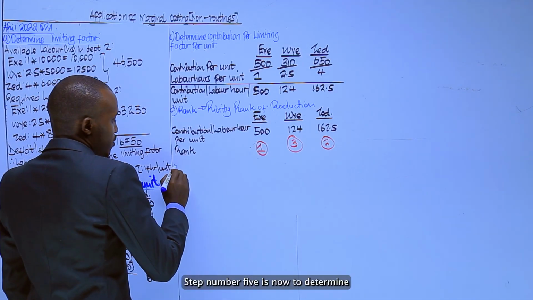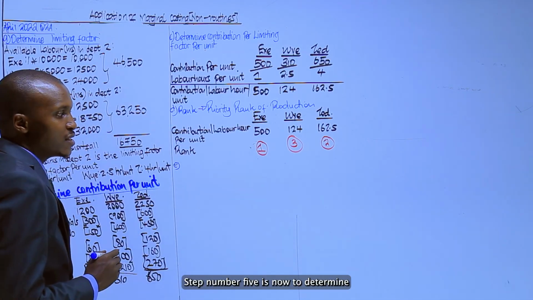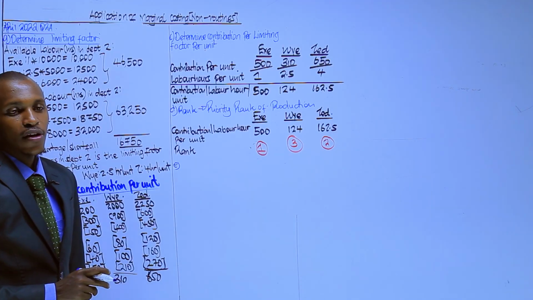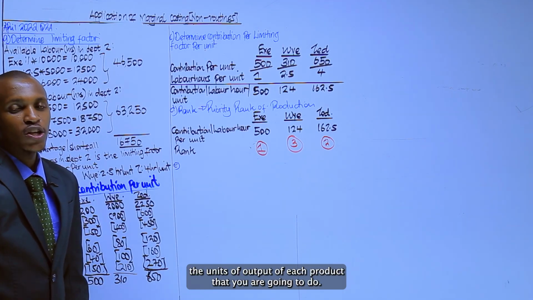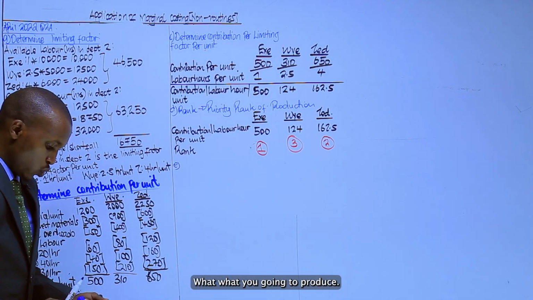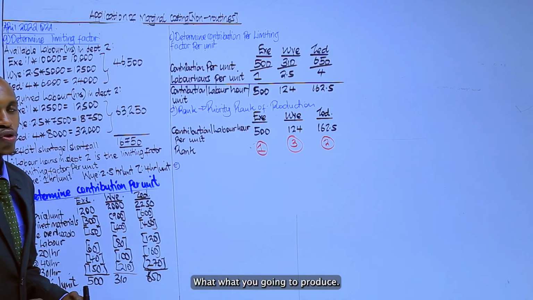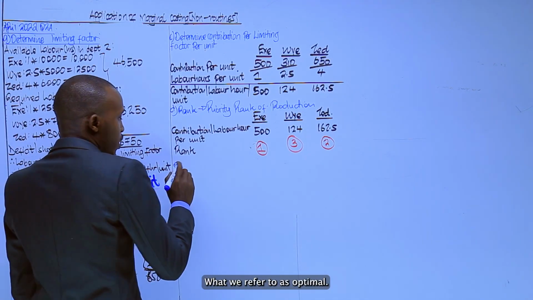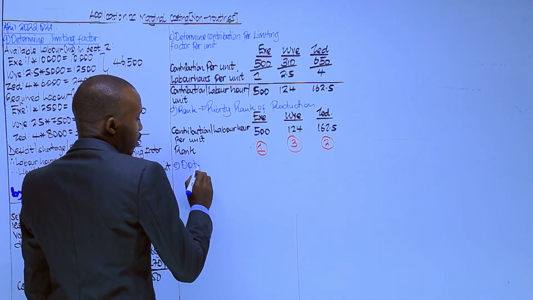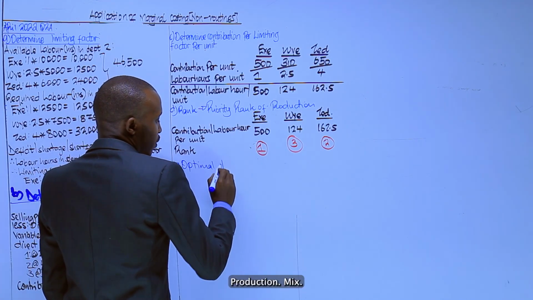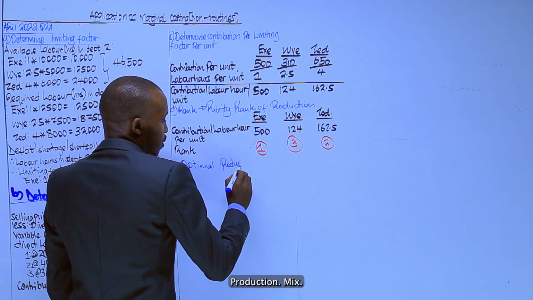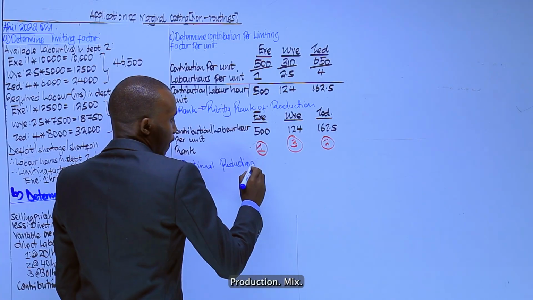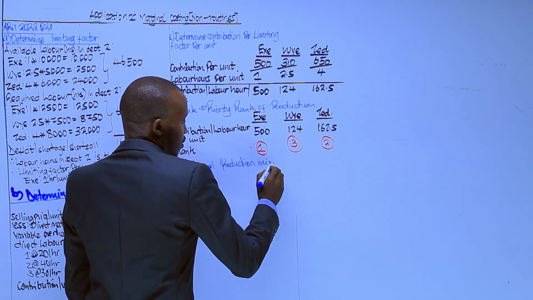4. Step number 5 is now to determine the units of output of each product that you're going to produce, what we refer to as optimal production mix.